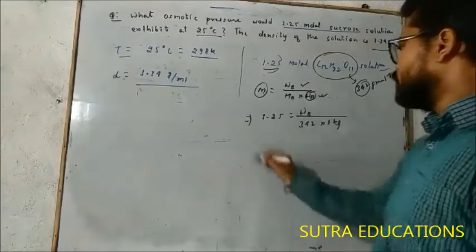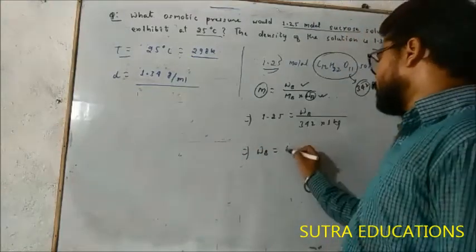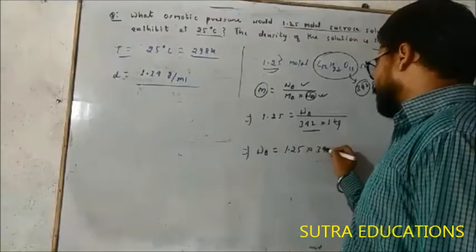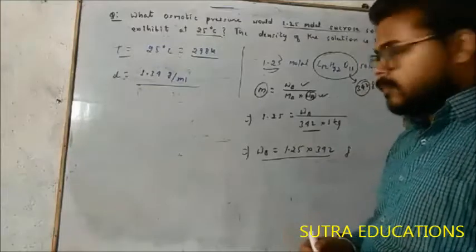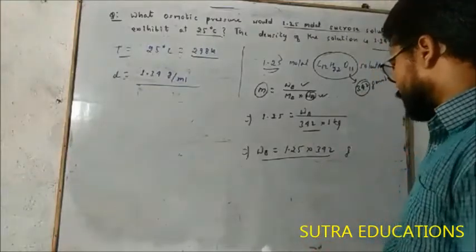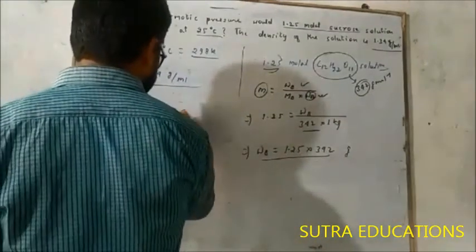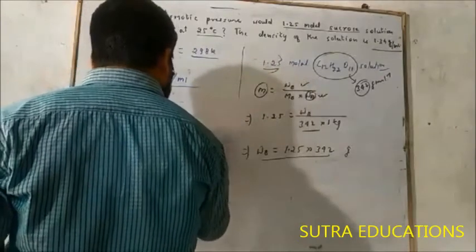So from here we can say WB will be equal to 1.25 into 342 gram.